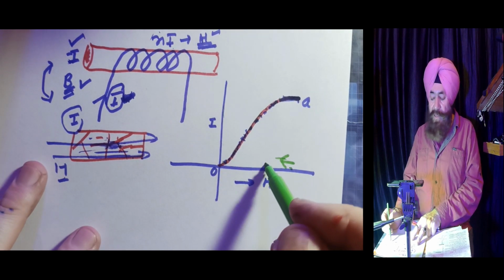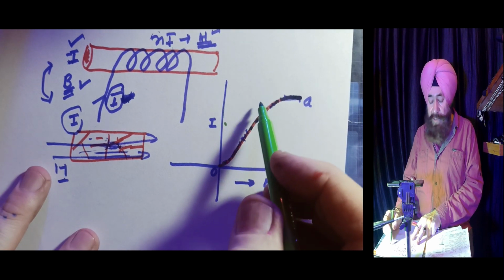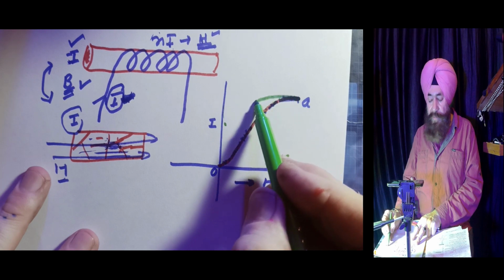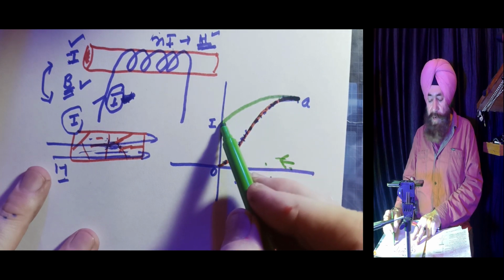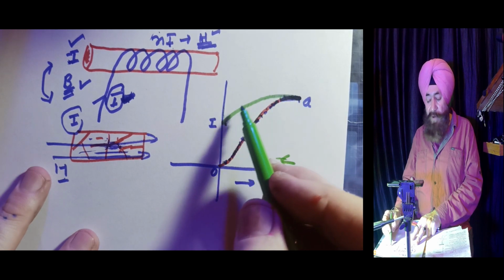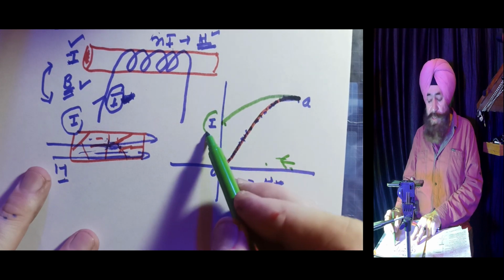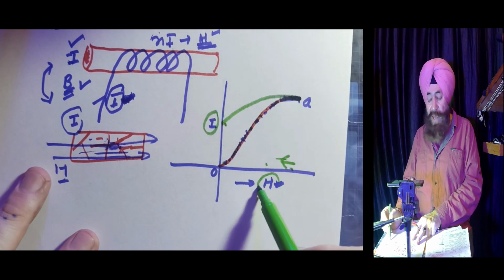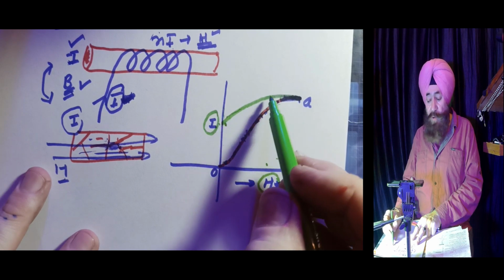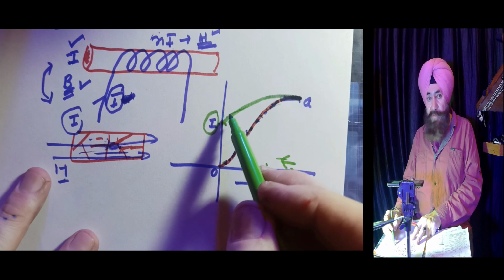With decreasing H, no doubt I decreases, but in a slightly different way, like this. It decreases, but like this. The graph takes a different path. Of course, the path shows I decreasing with H, but not in the same way, but slowly.